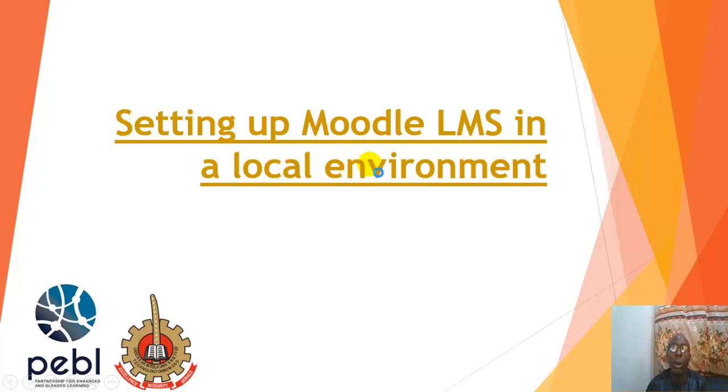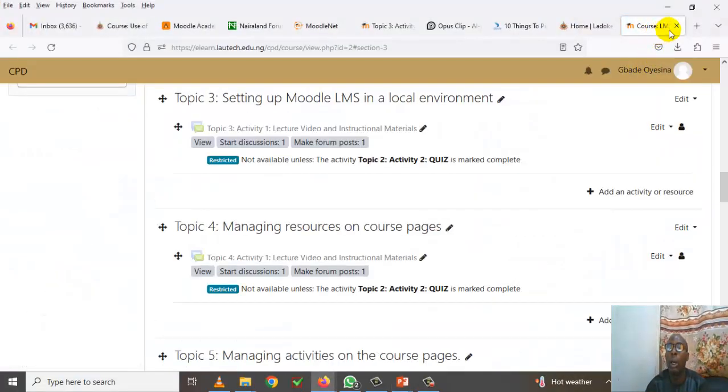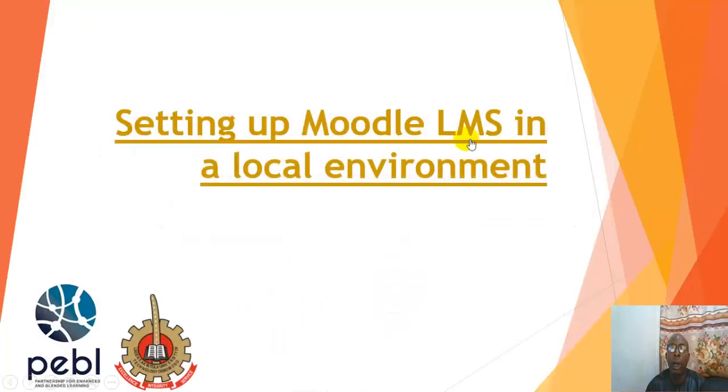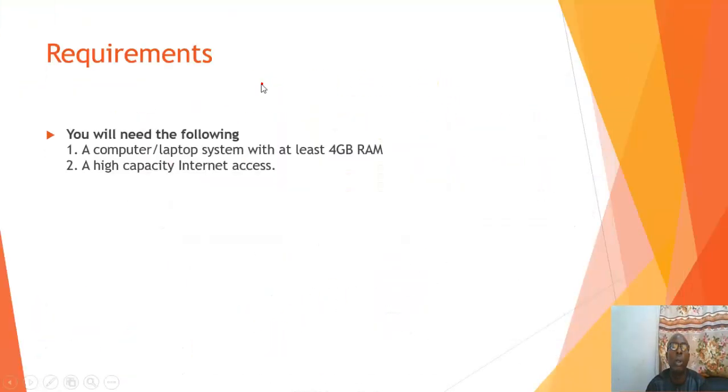Okay, so I'm going to go into my computer and I'm going to download. Okay, so these are the requirements. You will need a computer with at least 4 GB RAM and a high capacity internet access.